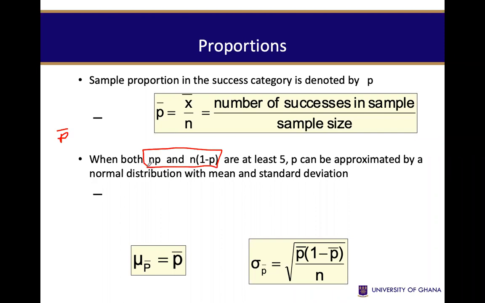We saw this when we were dealing with sampling distributions, okay? And we can approximate this using the normal distribution, where our mean is actually the population proportion, and our standard deviation can also be given as this. We saw this when we were dealing with sampling distributions, I think a week ago, right?